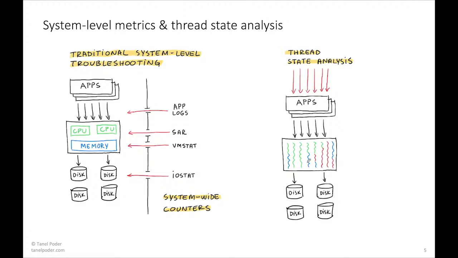So this is the approach I'm proposing. Let's start sampling what threads are doing as opposed to measuring utilization. We may still have to go to that level, like iostat, if we see that everybody is waiting for IO a lot, but let's look into this approach first.